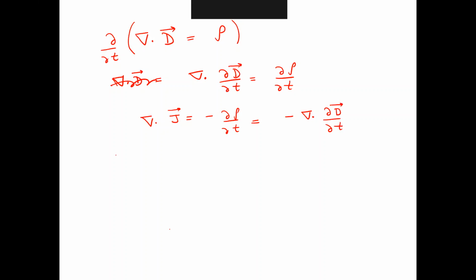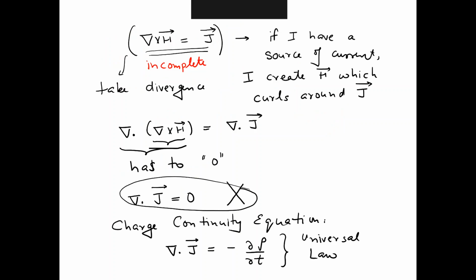If I take Ampere's law, I have del cross H is equal to J. This is the experimental part, the part which Ampere actually discovered.